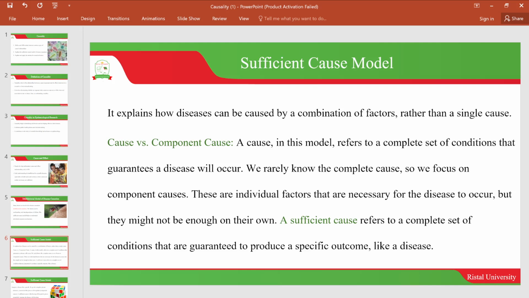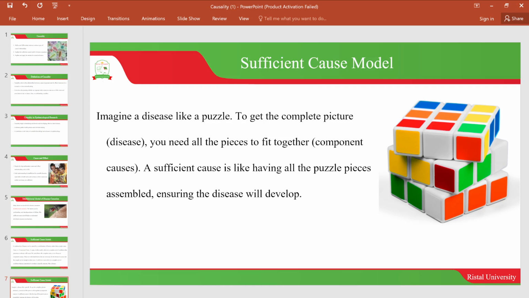And then the component cause: we are recognizing that for a disease to happen, there are several factors that have to be there, and those individual factors are the ones we call the component causes. So you can see this puzzle here: if you have not aligned to have at least one color on each side, then the disease will not happen.